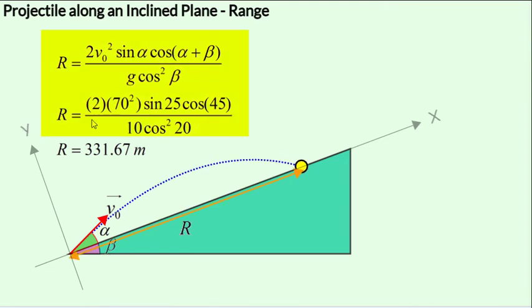Substituting v0 as 70, alpha as 25, g as 10, beta as 20 and alpha plus beta as 45 into this range equation, we obtain the range as 331.67 meters, which is the value of r in this figure, which is along the incline.